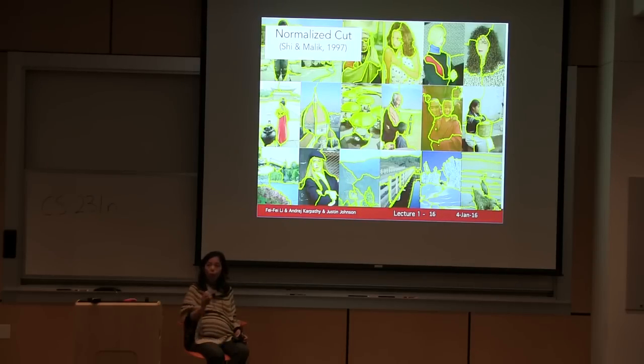Perceptual grouping is one of the most important problems in vision, biological or artificial. If we don't know how to solve the perceptual grouping problem, we're going to have a really hard time to deeply understand the visual world. And you will learn towards the end of this course that a problem as fundamental as this is still not solved in computer vision.